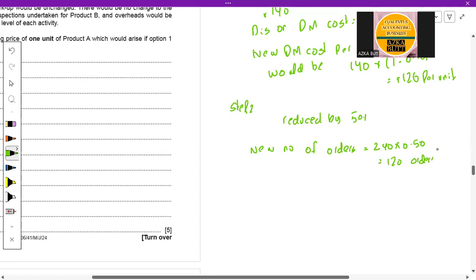Now calculate new order processing overheads. So original order processing cost per order was $50 from previous data. Now new total number of orders for both products is equal to 120 for product A plus 120 for product B, and this is equal to 240 orders.